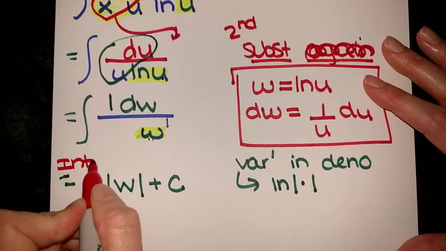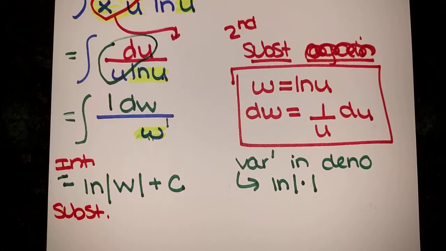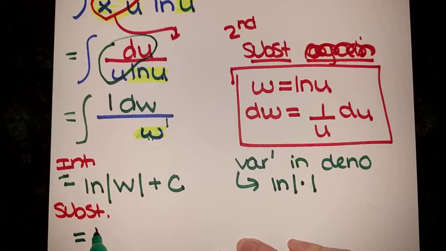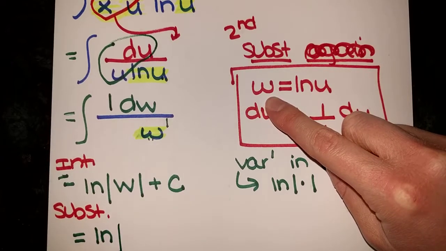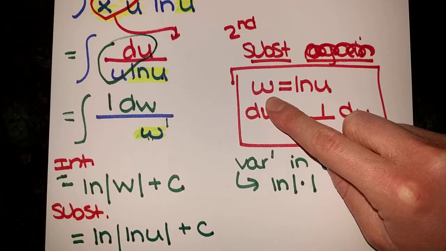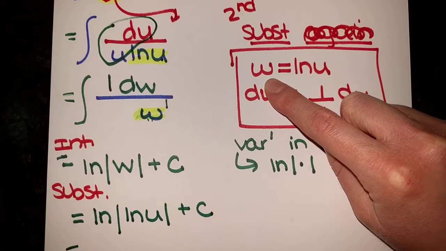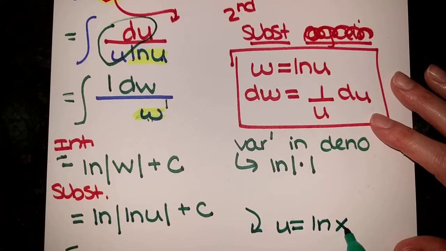After I integrate, remember I have to substitute. Now we made 2 substitutions here, so we're going to have to make 2 substitutions back. This is going to get a little complicated, but we're going to be fine with it. For the first substitution, we'll substitute what w is. So w was natural log of u, and then plus c. Then for the second substitution, we're going to use the fact that our u was equal to natural log x.